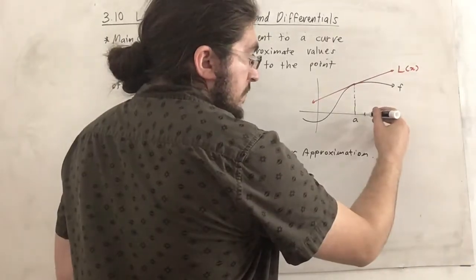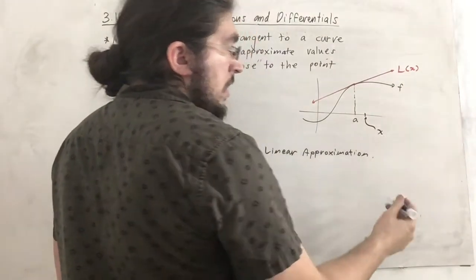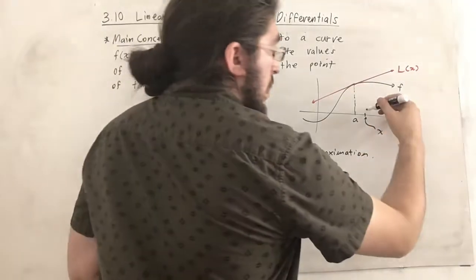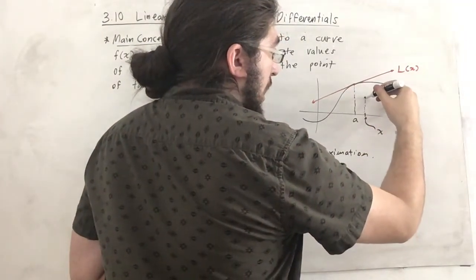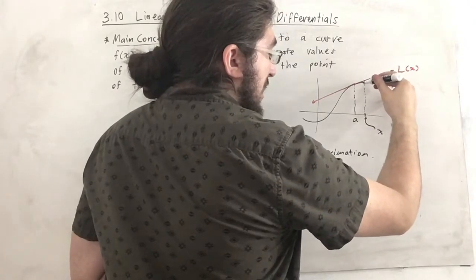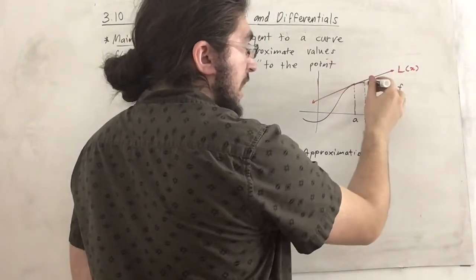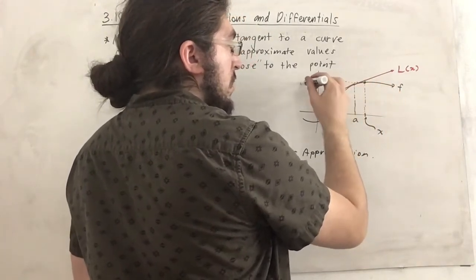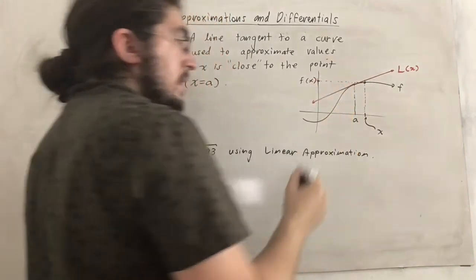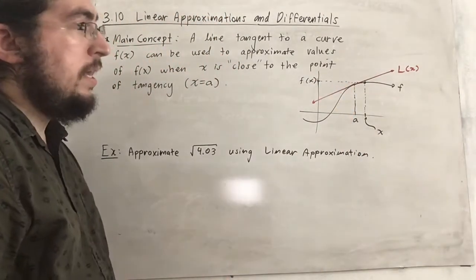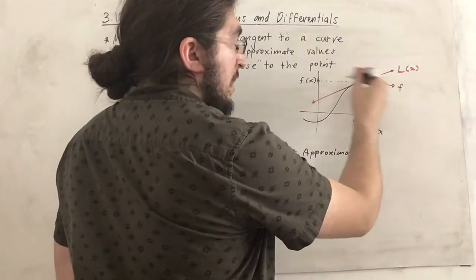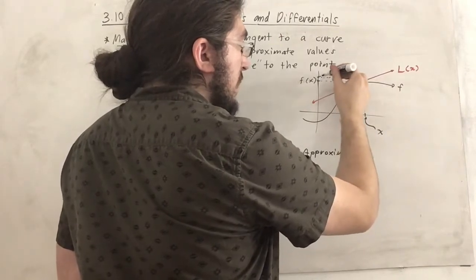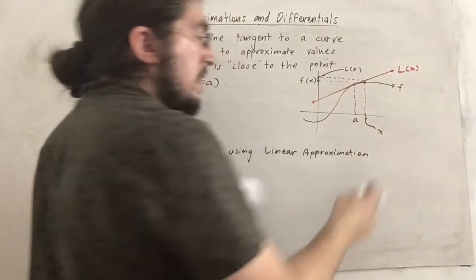So if you have an x value, let's call this x, that's close to a, and again, the closer it is to a, the better for approximation purposes, what you'll notice is that if you project this up and land this on the function f and project that to the y-axis, you'll get its f value, its f of x value. Okay? And notice, if you project it to the line, you'll get its corresponding L of x value. So that's L of x of that x value.